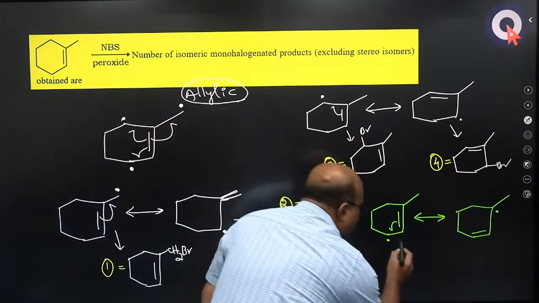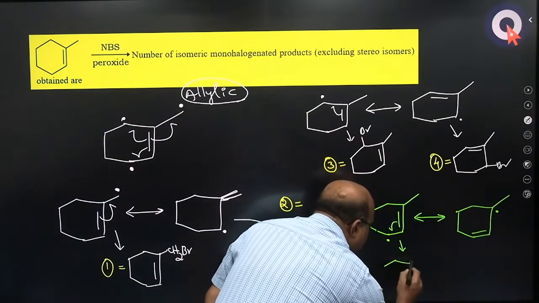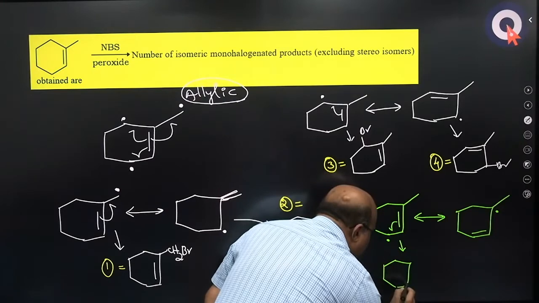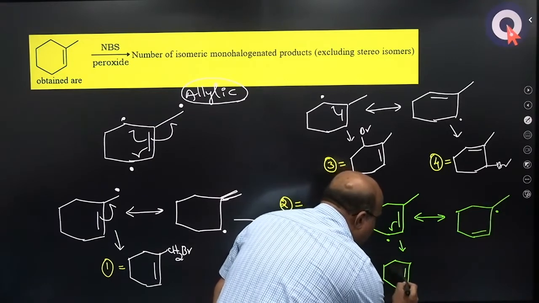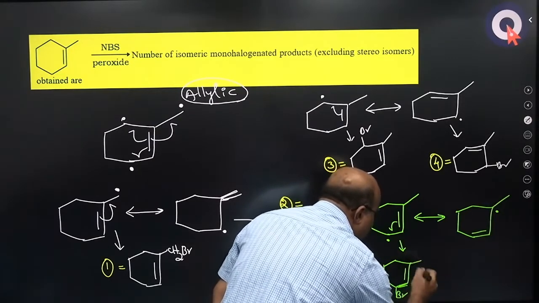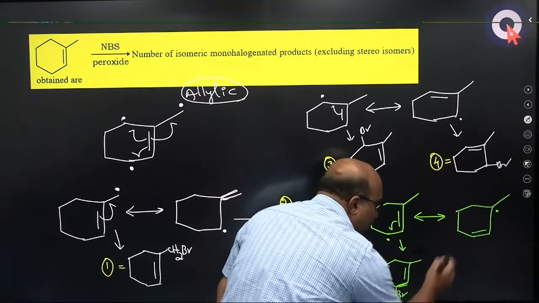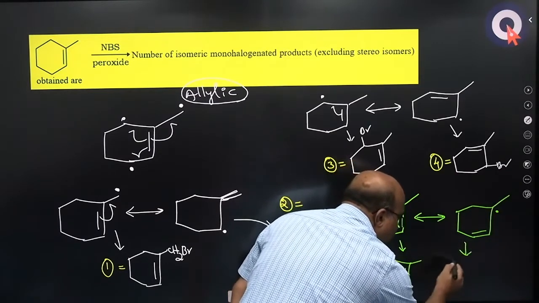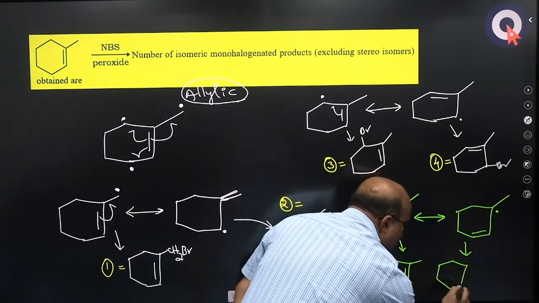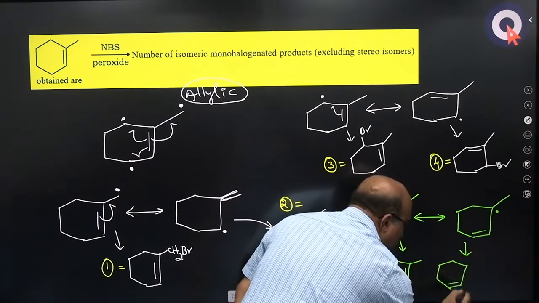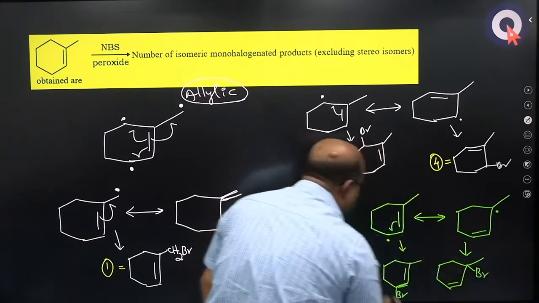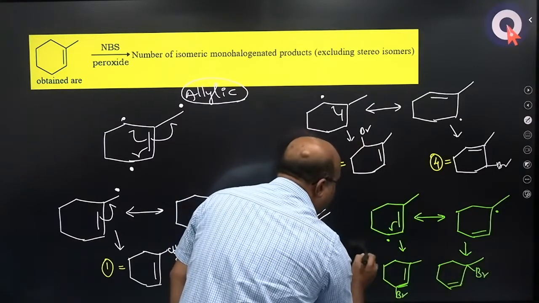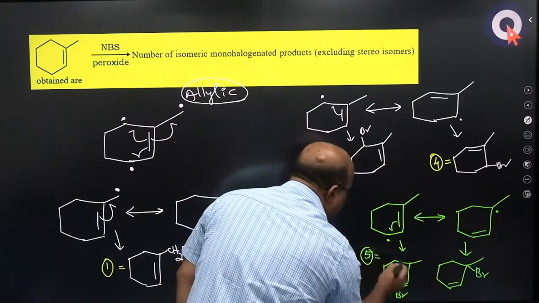This can convert into the halogenated compound with Br, the double bond here only, and CH3. The other also converts, but the double bond is here and Br is here. Let us say this is now 5 and this is 6.